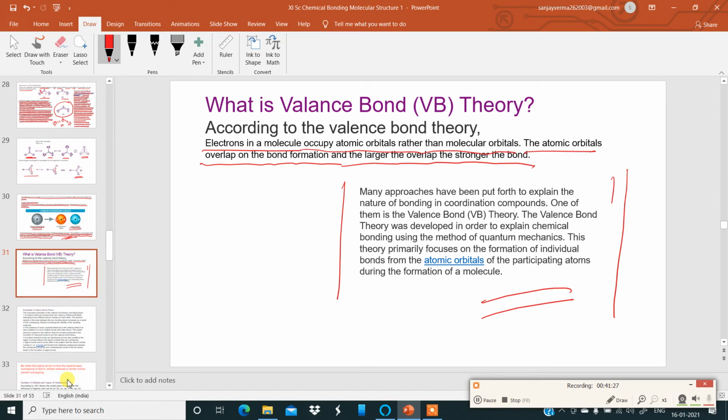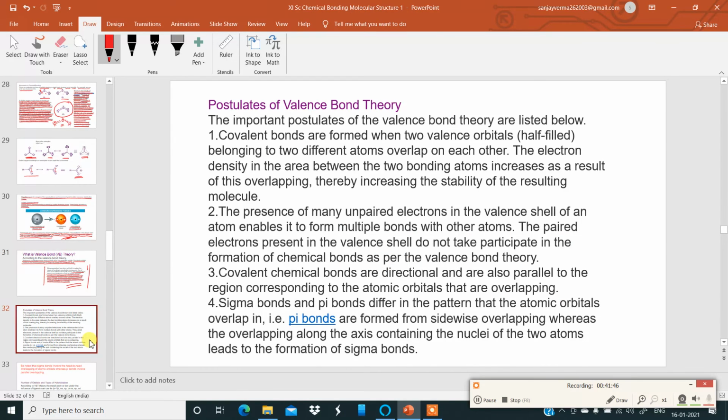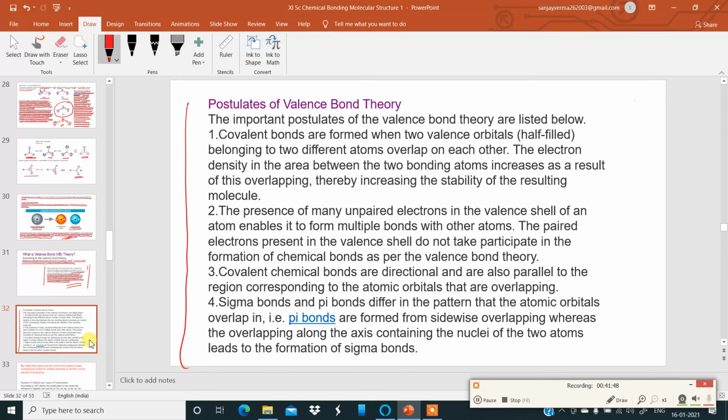One of them is the valence bond theory. The valence bond theory was developed in order to explain chemical bonding using the method of quantum mechanics. This theory primarily focuses on the formation of individual bonds from the atomic orbitals of the participating atoms during the formation of a molecule. Okay. Now, some postulates are given over here with regard to the valence bond theory.